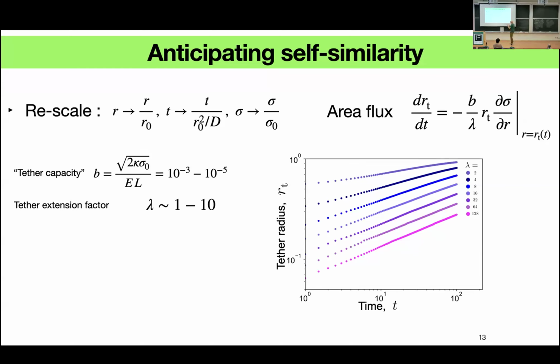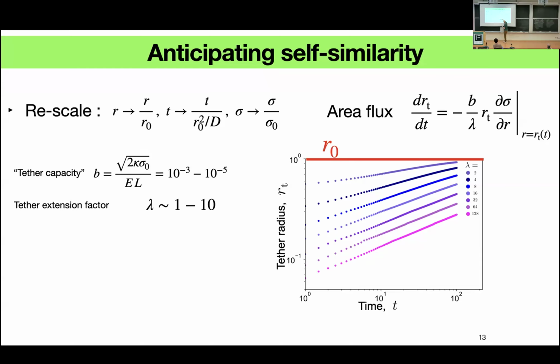So we'll just call that tether capacity. And what we see from the numerics is that for given extension factors and with increasing lambda, the tether radius seems to grow as a power law. Okay? So remember, if I make a big tether extension initially, so it means it's very long, like conservation of area, the initial radius is very small.